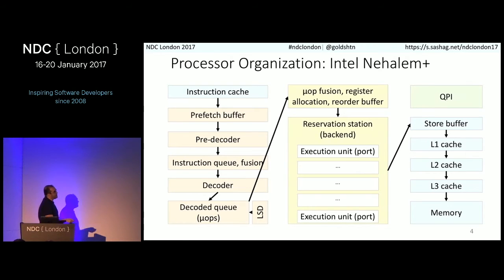In the back end, we have multiple execution units, or execution ports, which are capable of doing things at once, concurrently, in parallel, on a single core. We're talking about just one individual core here, so this is not multi-core. You have multiple ports capable of doing things at once. For example, and I'll show you some more detail soon, you have a port for adding numbers, and a different port for storing values into memory.